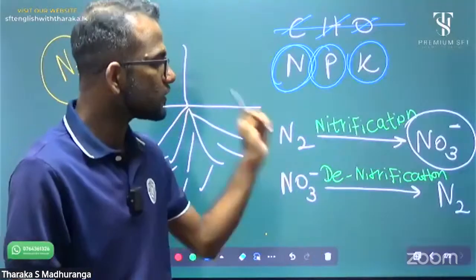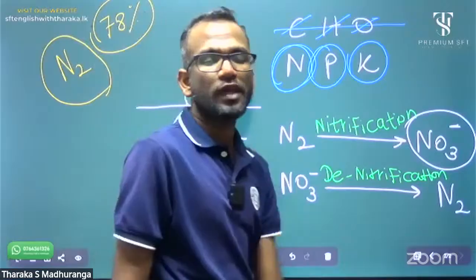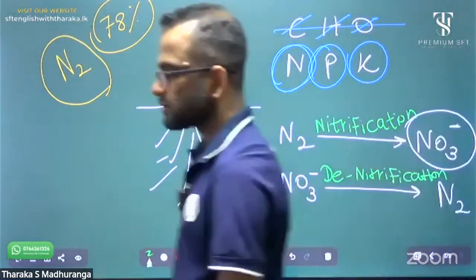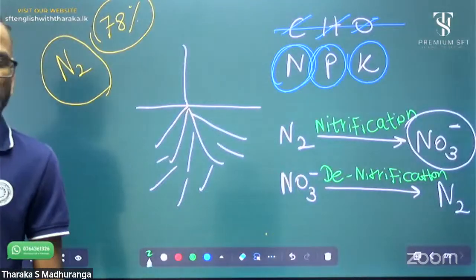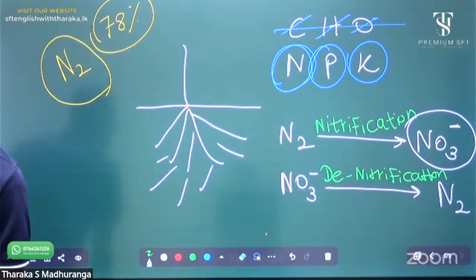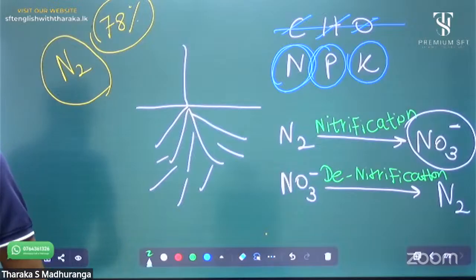In anaerobic conditions, dissolved nitrate ions in the soil convert directly into nitrogen gas by anaerobic microorganisms. Up to now, okay? Nitrification and denitrification.